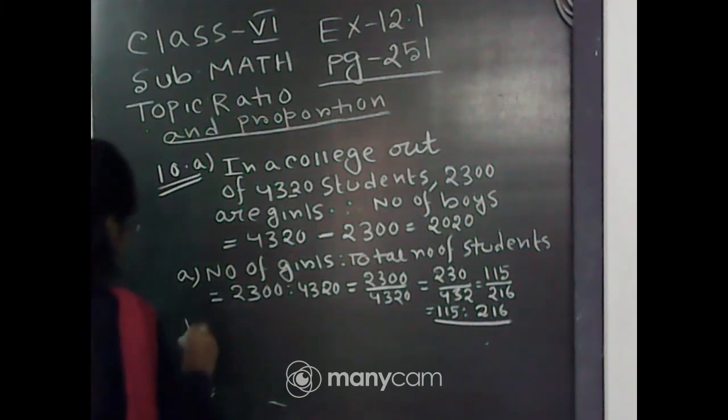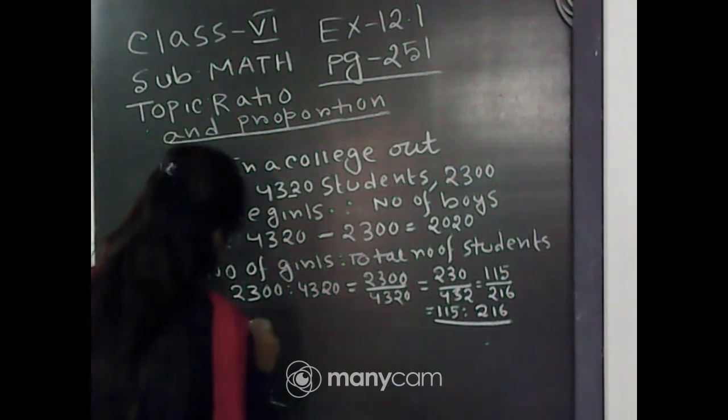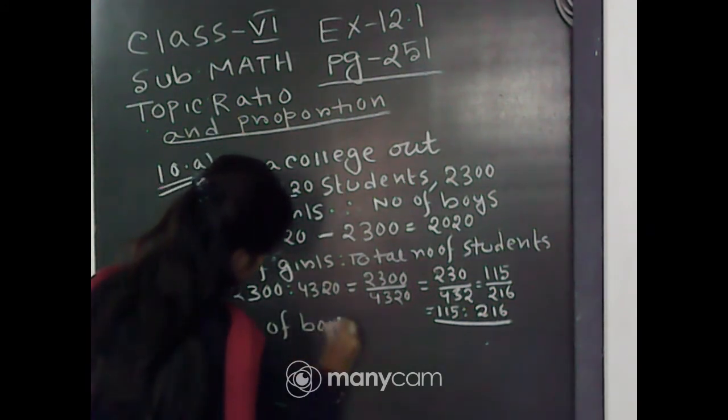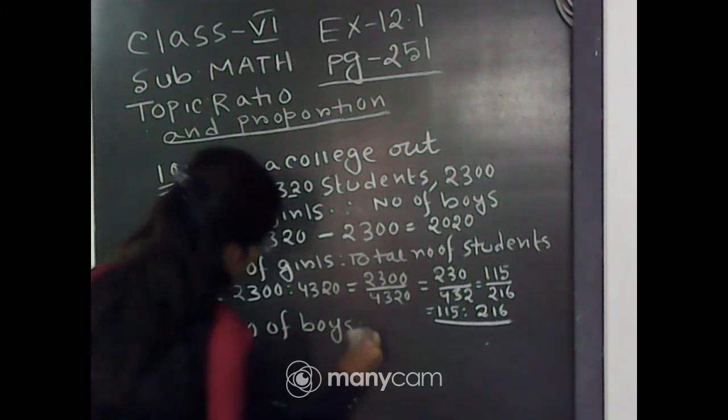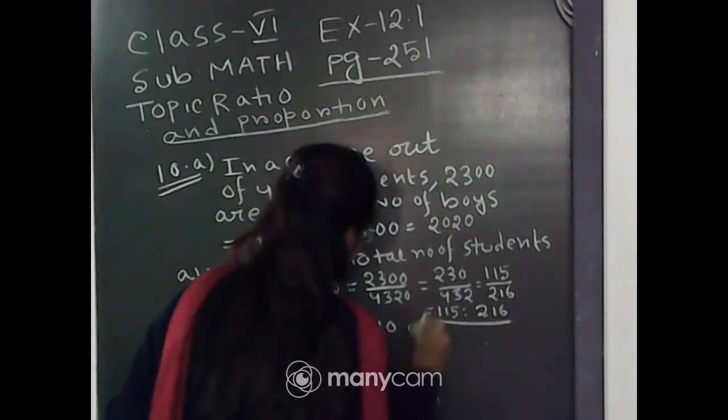Next, 10b, number of boys is to number of girls.